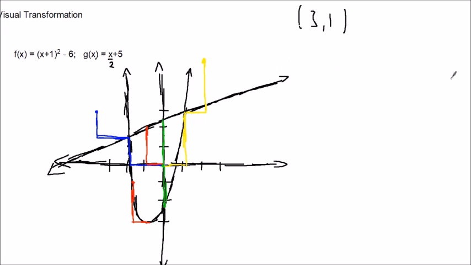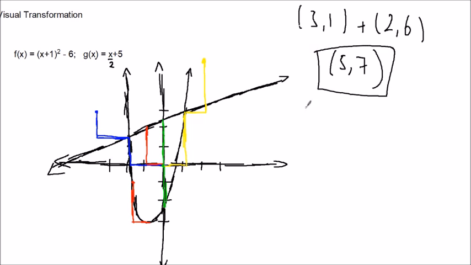This isn't a really good example, I know. And the graph of the other function at this point is, let's say, 2, 6. We use nice numbers. Then we add these two points together and we get 5, 7, and that's your new point.